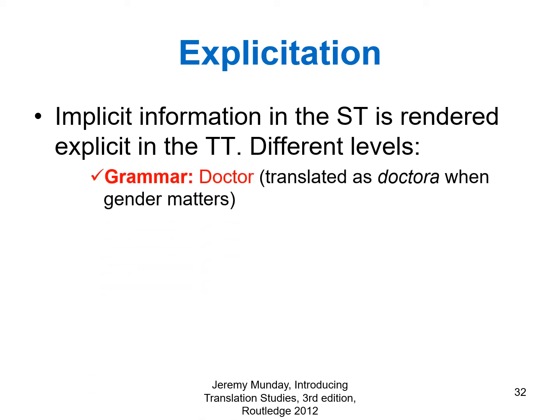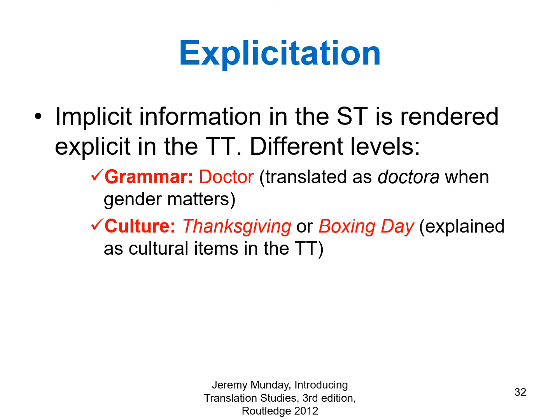We have different levels of explicitation. For instance, the grammatical level. If we see a reference to a doctor with no pictures or no supporting evidence, how do we translate that? Doctora or doctor? Because we have gender marks in Spanish. If we were to translate doctor as doctora, we are obviously making the source text explicit for the target readers.